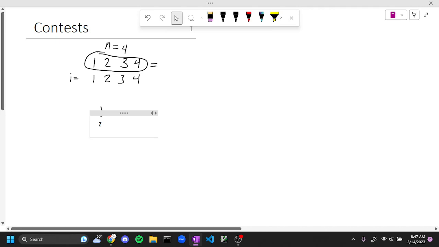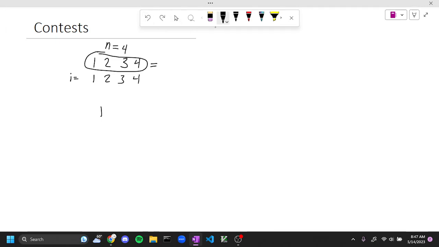K can be any number, because even if you have 1 billion, so 10 to the power of 9, in the first place, and 2, 3, 4, 5 in the other places, the first element would always be divisible by its index 1. This is index 2, this is index 3, and so on. No matter what k is, a billion or 5 or anything, it will always be divisible by 1.